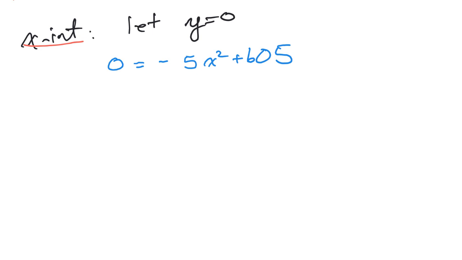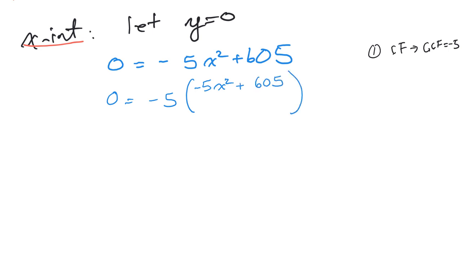Okay, in this case, with a problem like this, one, you have to common factor if you can, i.e. find the GCF. The GCF of this is negative 5. So I'm going to pull off negative 5 right out of the beginning. So you're going to get 0 is equal to negative 5 bracket. And we're going to copy everything we had before, negative 5x squared plus 605. And then we're going to divide everything by negative 5, i.e. the number that's sitting in front here.